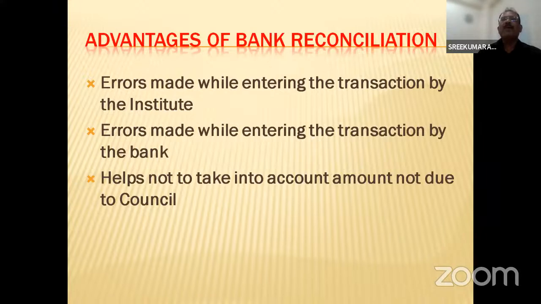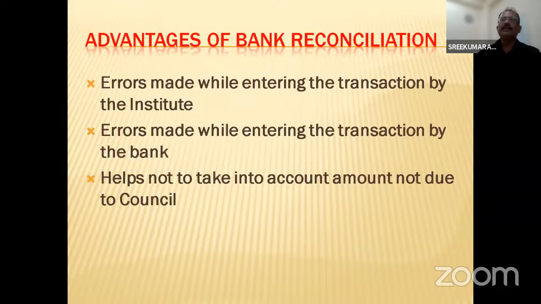And this can be found out when you do the bank reconciliation. When you do the duplicate entries, your closing balance and the bank balance will not tally. So errors made while entering the transaction by the institute can be found out.